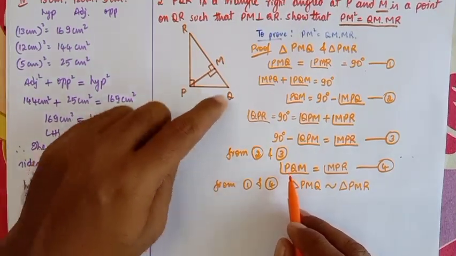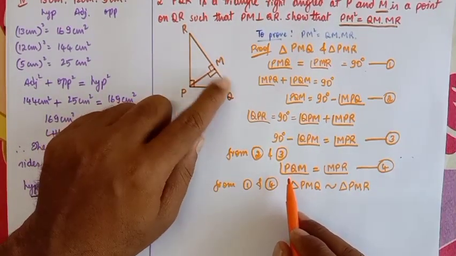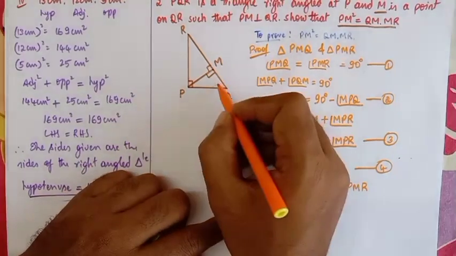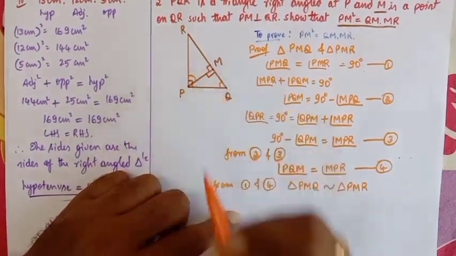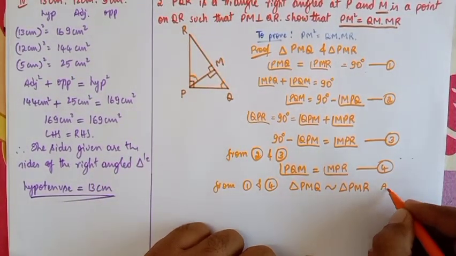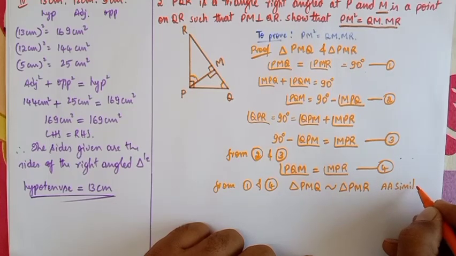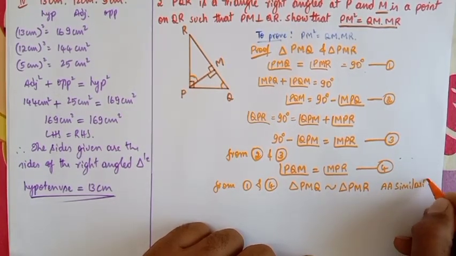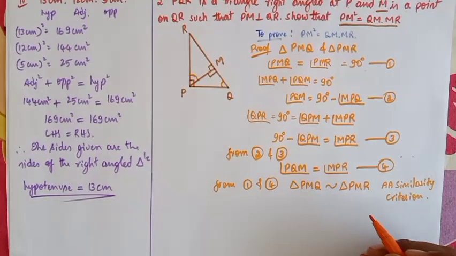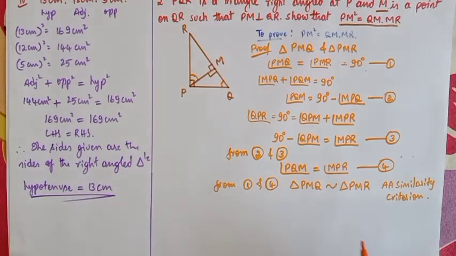You see now this angle PQM is equal to MPR. This angle is equal to this angle. Yes, right? This is by the AA angle similarity criterion. As we got these two angles, these two triangles are similar, we will now list the sides which are proportional.